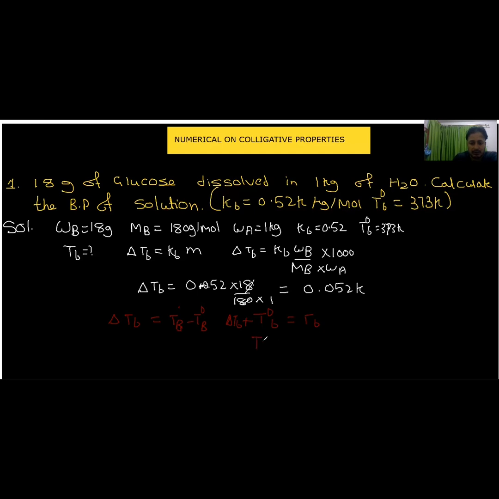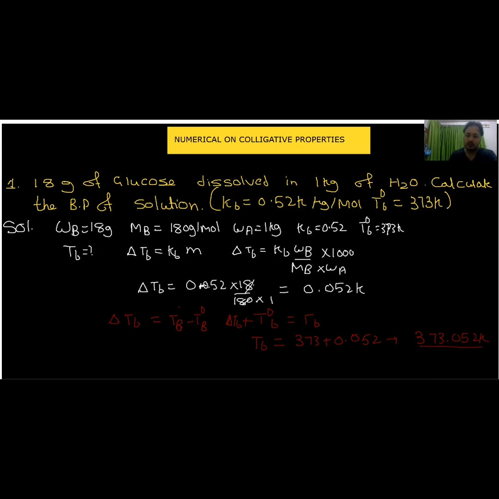The final value of Tb is going to be 373 plus 0.052, that is 373.052 Kelvin. So this is our elevated boiling point.